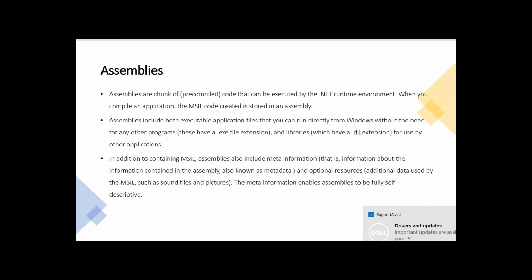Assemblies include both executable application files that you can run directly from Windows without the need for any other program, which basically have the .exe extension, and libraries which we can use inside another application. These libraries have the extension .dll. DLL stands for dynamic link library.